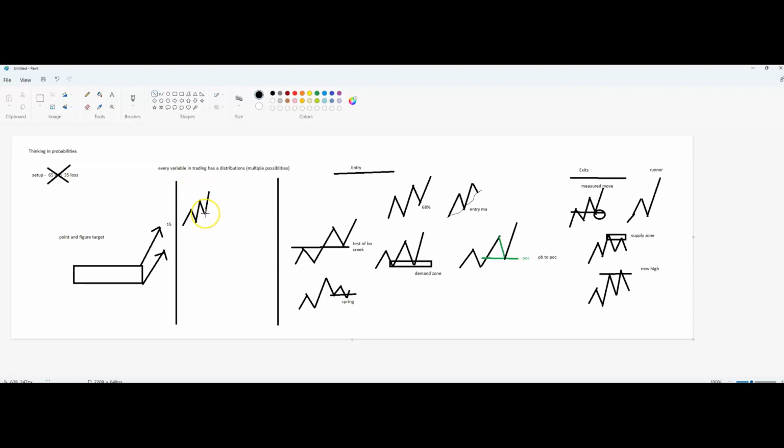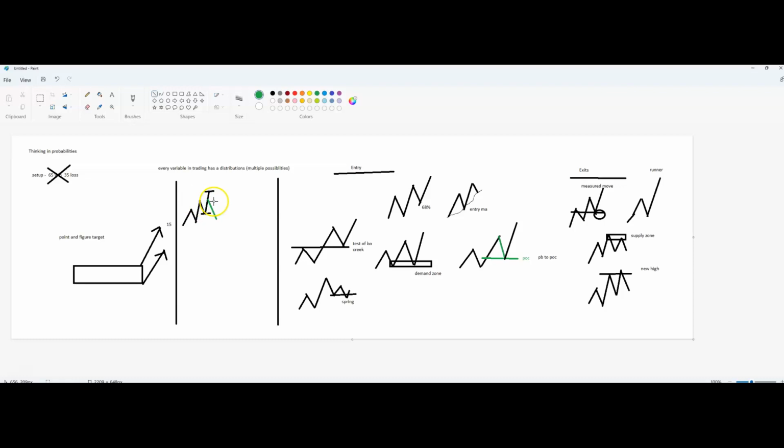All right. So he got in. It reversed. His stop was right here, and his target is right here. Do you know how many times the market will give him profit, at least half of whatever his target was, and then reverse?